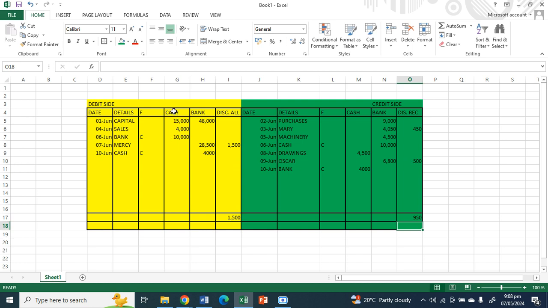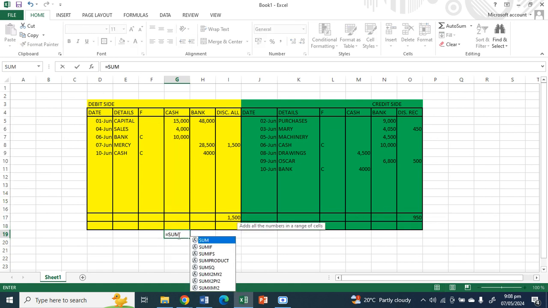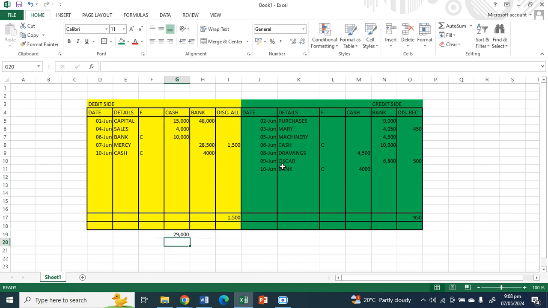Next, we have to do for cash, right? So let's total the debit side for cash. And let's total the credit side for cash. Let's see which one is higher. Okay, so our debit side is higher.